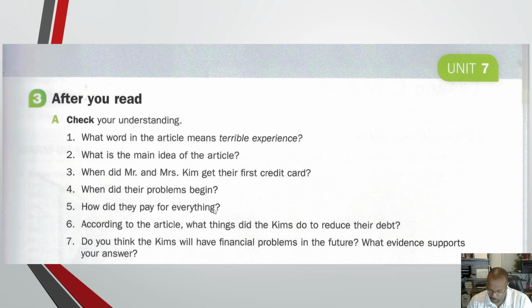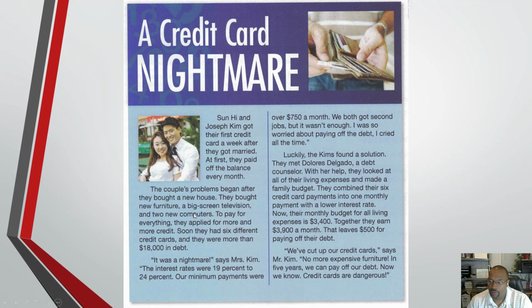They paid for everything using more and more credit cards, a total of 6. I got that here. To pay for everything, they applied for more and more credit. Soon they had 6 different credit cards, and they were more than $18,000 in debt.